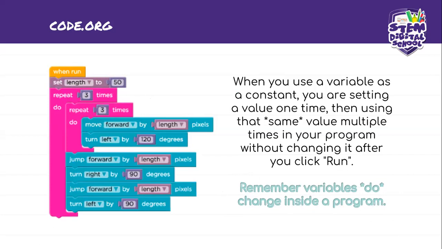Although today we are only going to focus on constants, a number that doesn't change. So if we set the length to 50, every time we use it, it will remain 50. That's the difference between a constant and a variable, something that we can change later on.